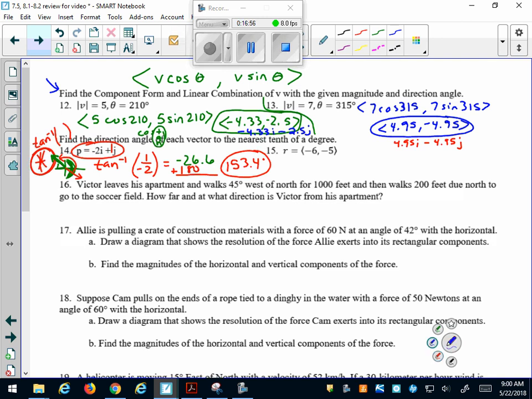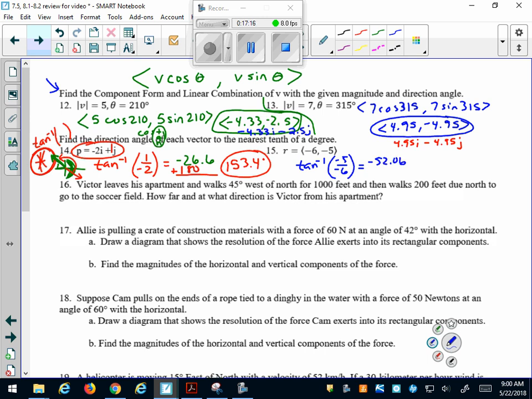Right? So now this one is in component form. Again, we're going to do inverse tan, and it's the y over the x, so negative 5 over negative 6. Again, when we put this into our calculator, it gives us a negative degree measure, negative 52.06.